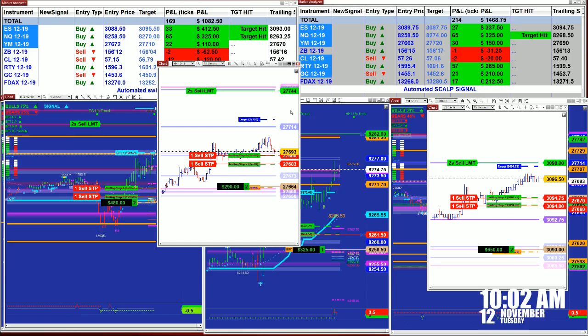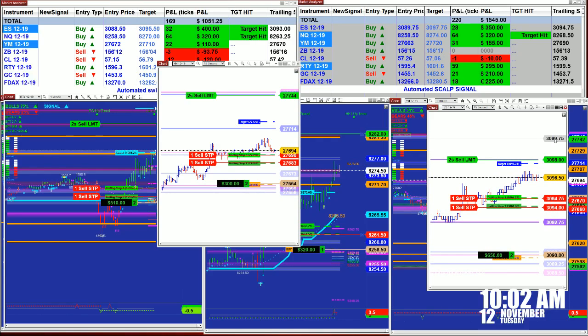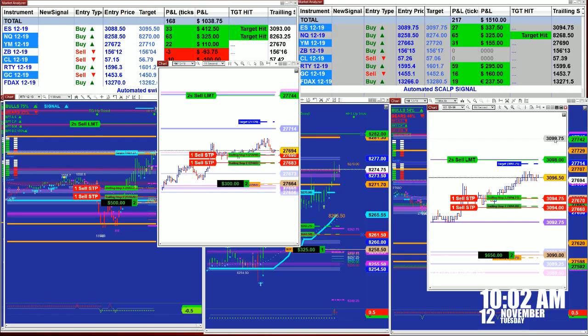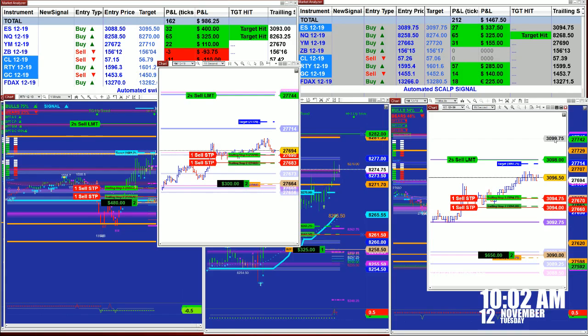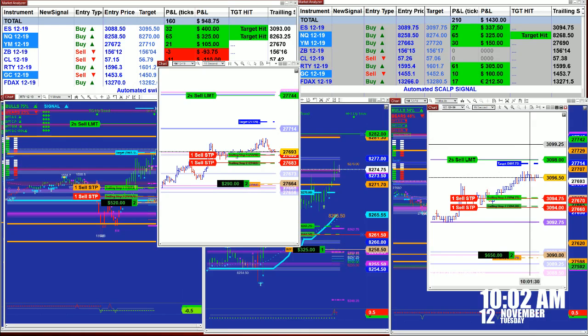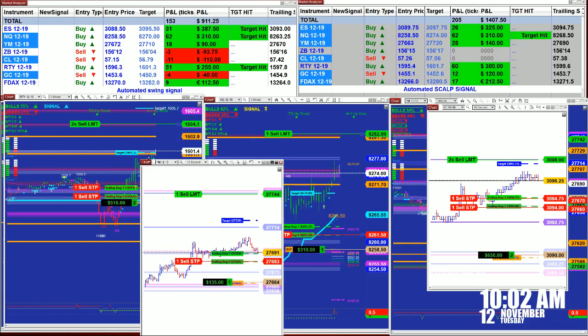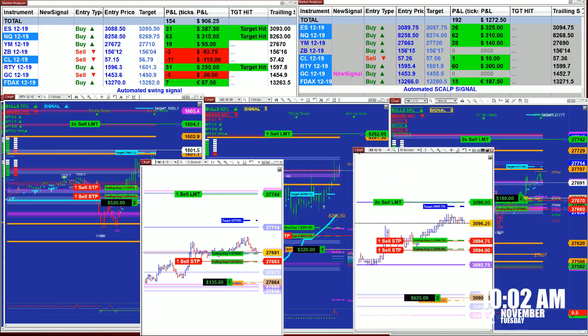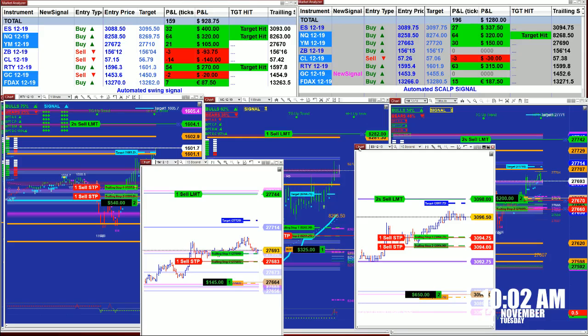The trading stops are based on FIB, and on the YM we have 290, and on the ES we have 650 on that trade. We got one of the trades out on the YM.